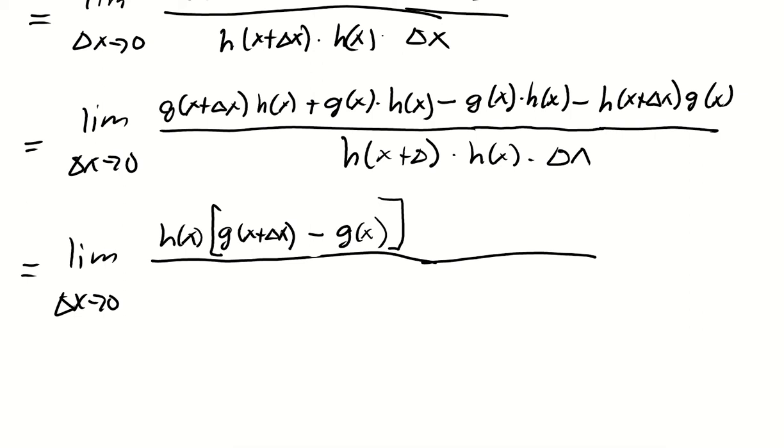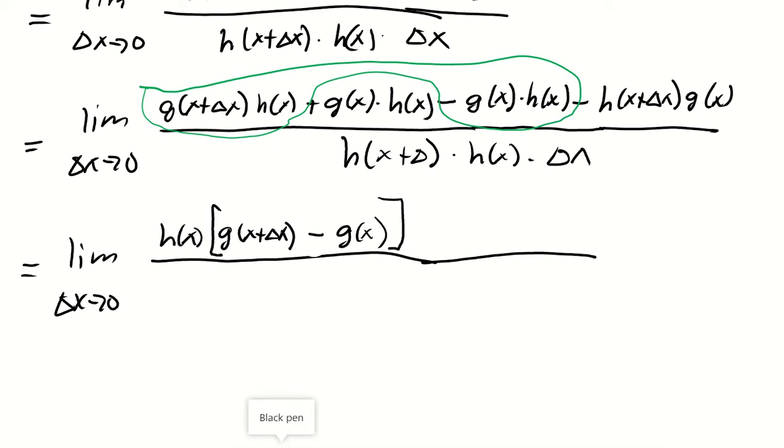We use this one just like what we did in the first example. Then for the next, because this is minus, it should be minus. We can factor out g of x.